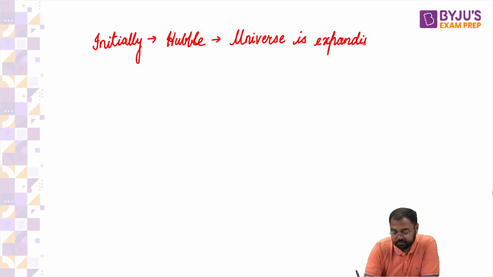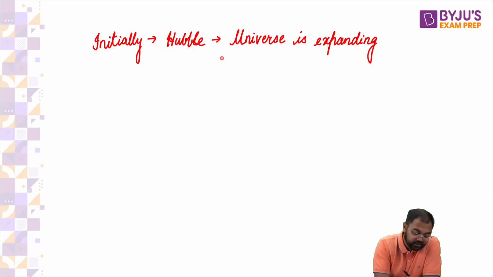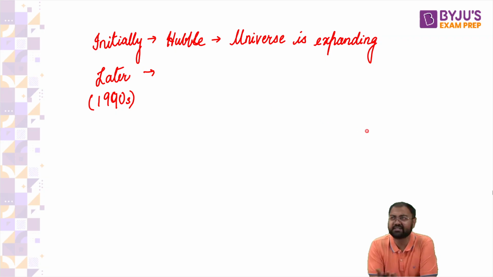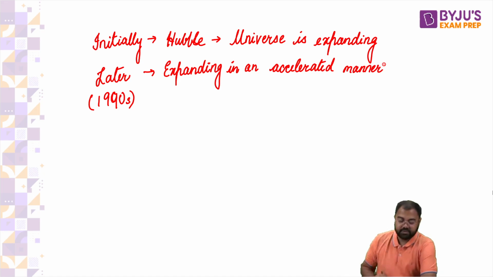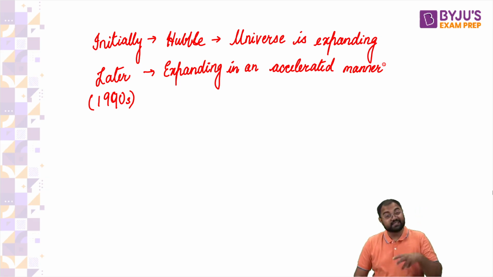Later, in the 1990s, it was found that it is expanding in an accelerated manner. Very late, because Hubble had explained this in the 1920s, I think 1928 if I'm not wrong. So there is an accelerated expansion of the universe.